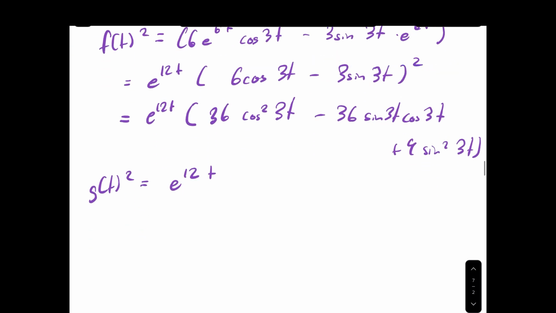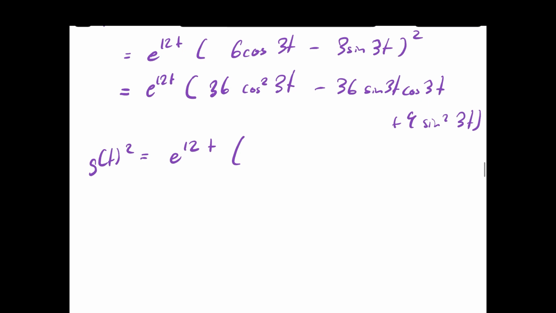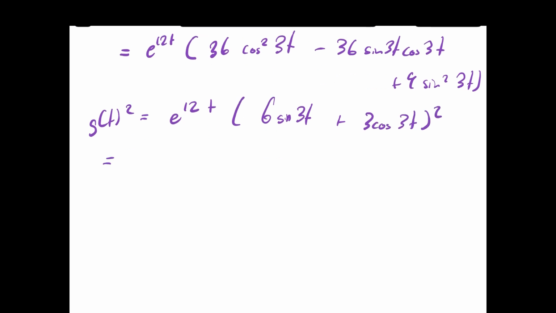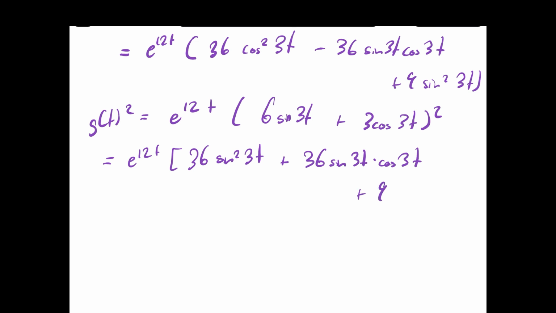So in this case, I already took out the e to the 12t, and then I have 6 sine 3t plus 3 cos 3t squared equals e to the 12t, 36 sine squared 3t plus 36 sine 3t cos 3t plus 9 cos squared 3t.